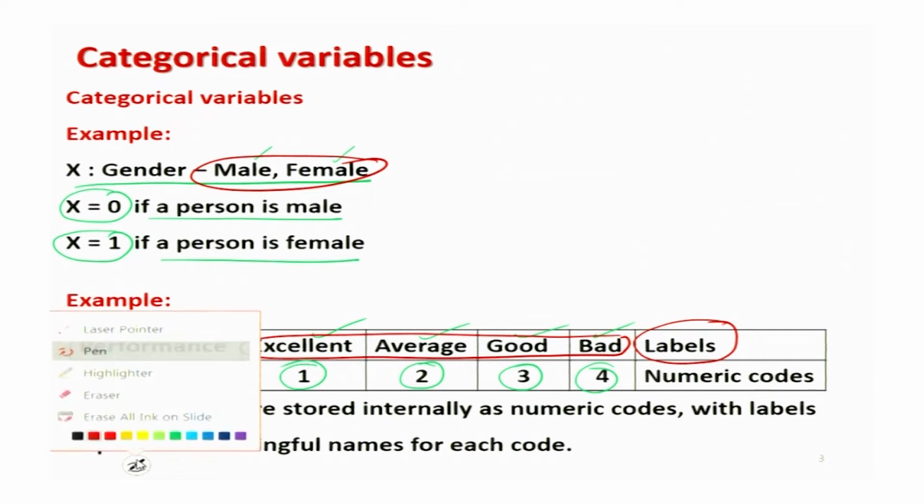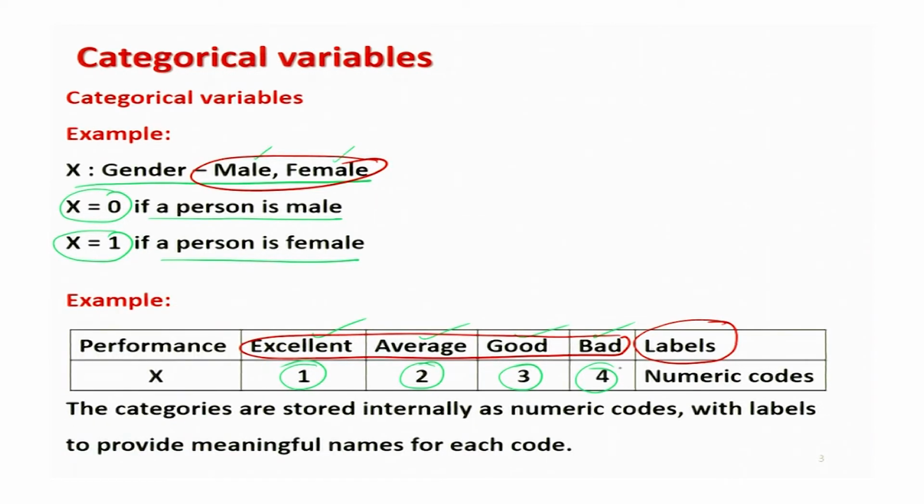And whatever numerical code I assign them, like 1, 2, 3, 4, or 0, 1 in the case of male or female, they are the numeric codes which are assigned to these labels. And these categories are stored internally actually as 1, 2, 3, 4, and these labels have been chosen in such a way that they provide some meaningful names for each of the codes.